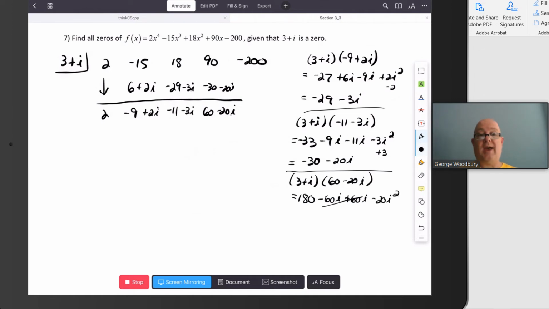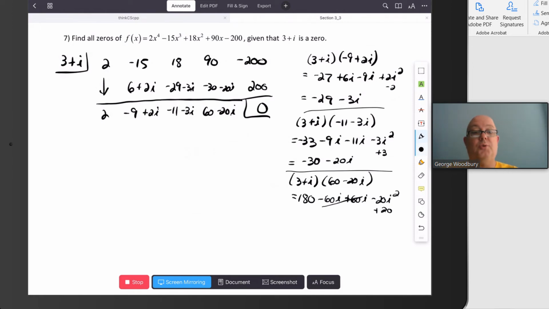The i terms add to be 0. Negative 20i squared is the same as positive 20. 180 plus 20 is 200. Remainder 0. So there is one out of the way.